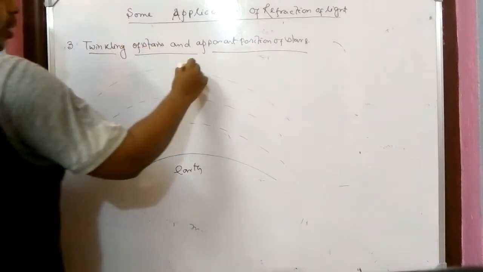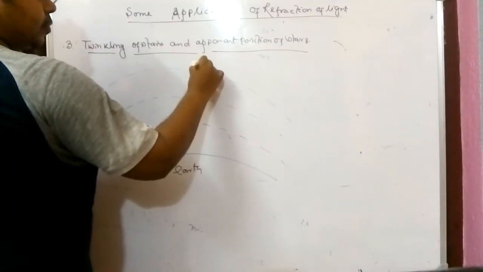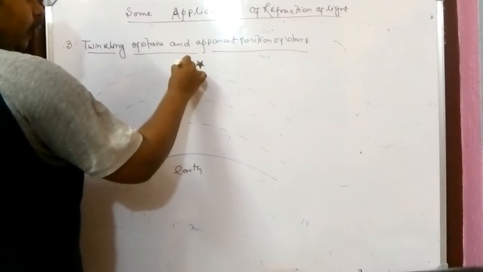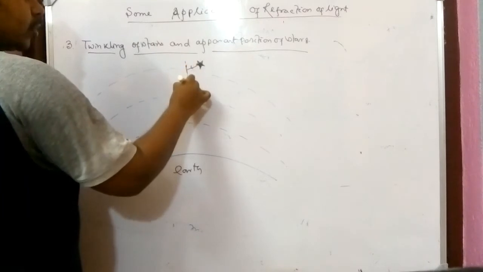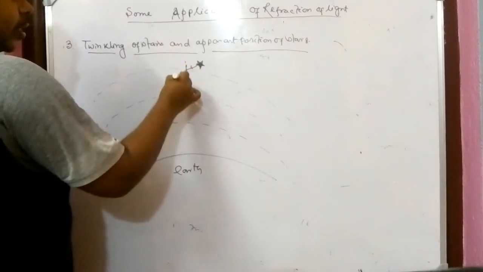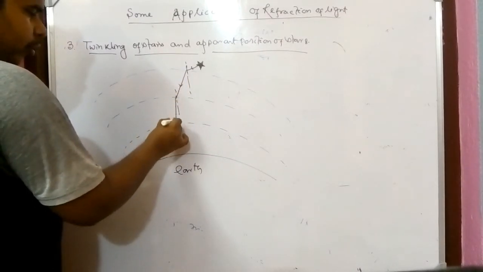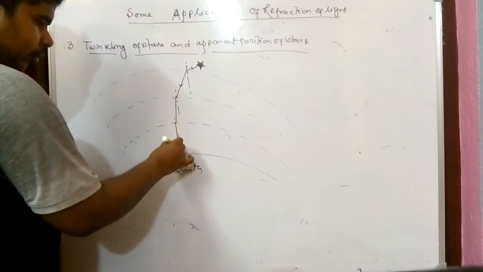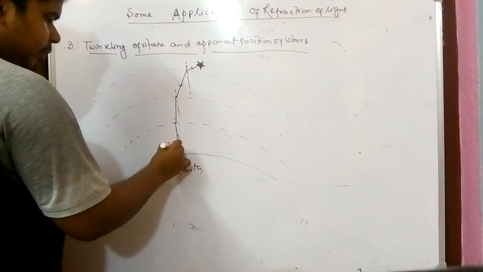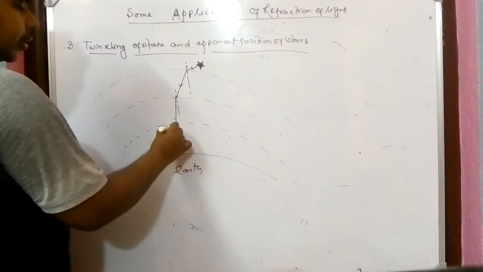So here a star is given. It is the star. The light ray which is coming from the star, when it enters from outside to here, will bend a little bit. If I draw a normal, it will bend here also. And assume I am the person standing here to look at the star.